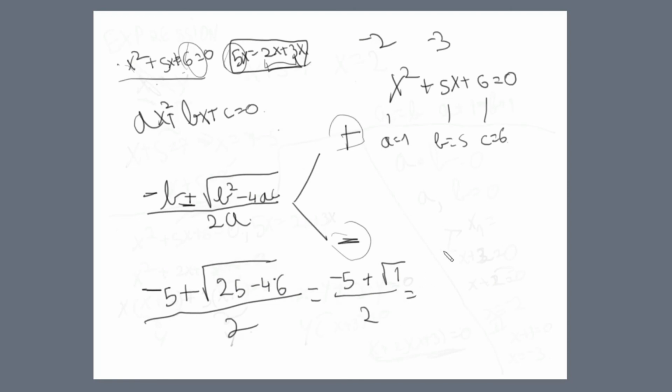And it's equal to minus 5 plus the square root of 1, because 4 multiplied by 6 is 24, and 25 minus 24 is 1. Everything divided by 2. Now, I'm going to also add the case here for the minus, because we're going to do them both. And we're going to see that we get minus 5 plus 1 all over 2, and minus 5 minus 1 all over 2, which is equal to minus 2 and minus 3.